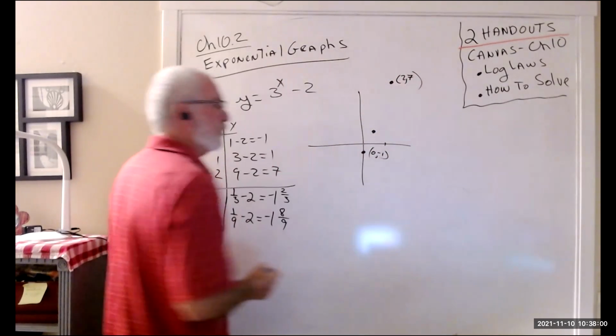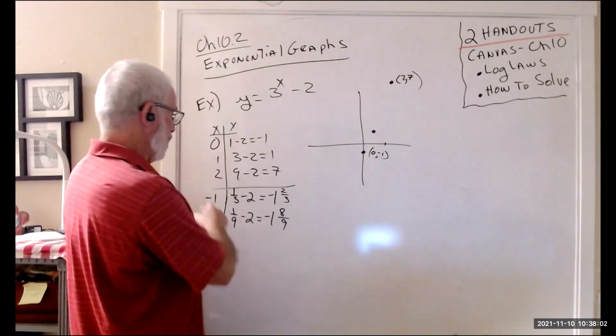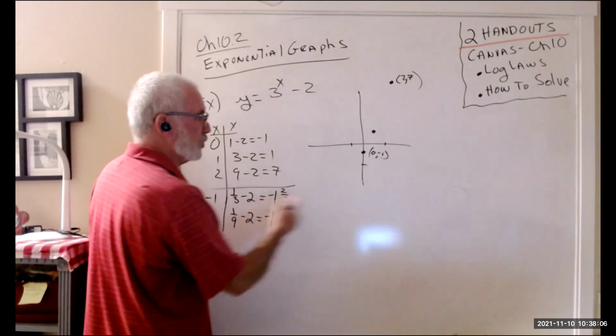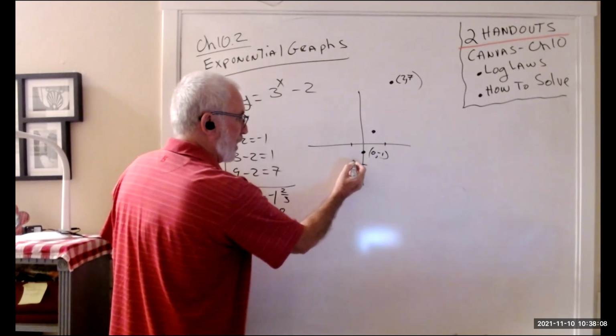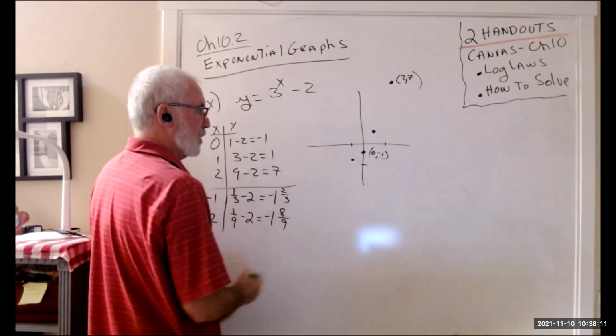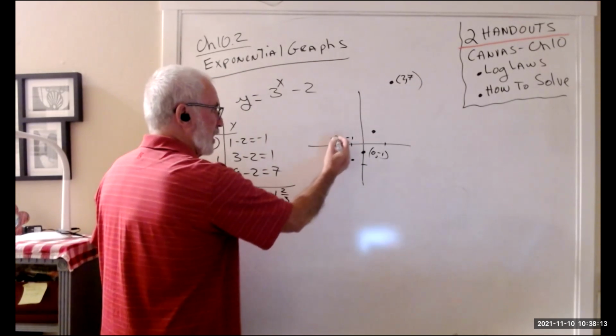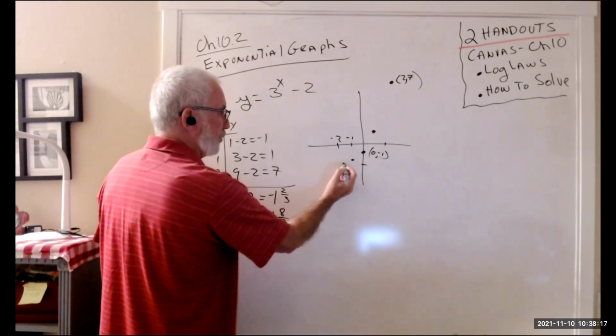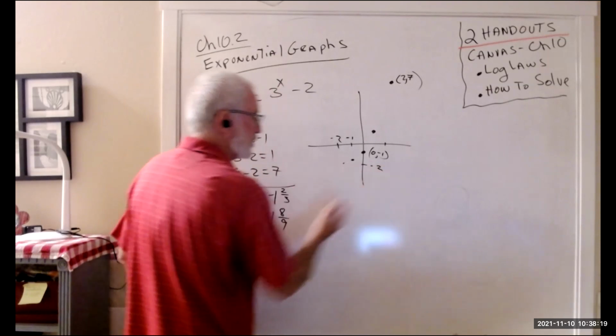So already we're seeing the shape of this. We have -1, -1 2/3, so about there. That's -1. We have -2, which is -1 8/9, which is about there. Now notice this is -2.